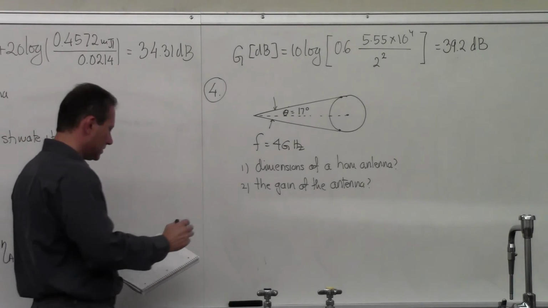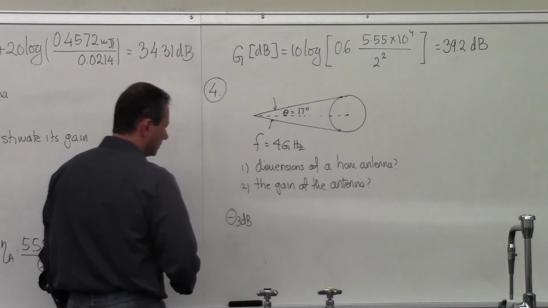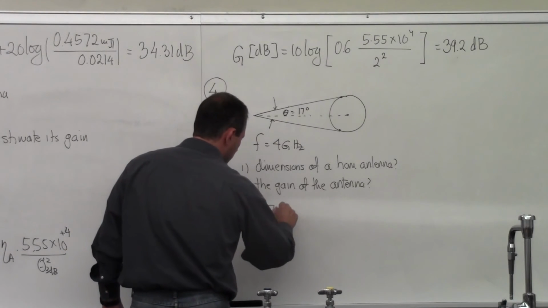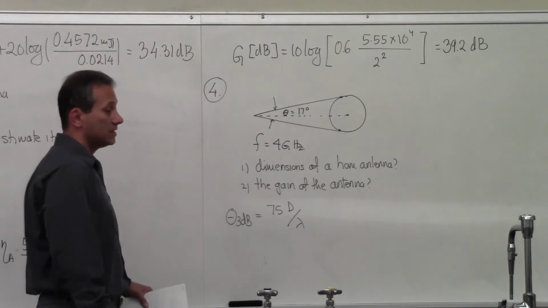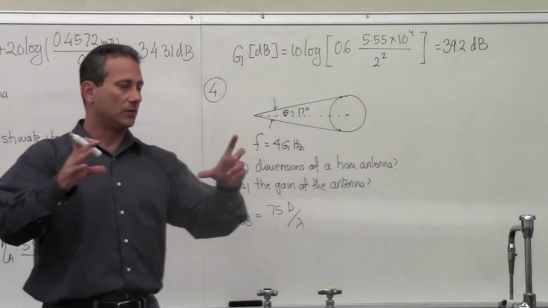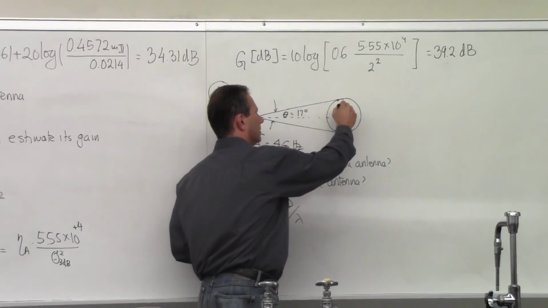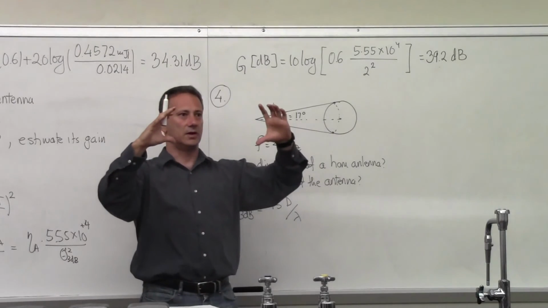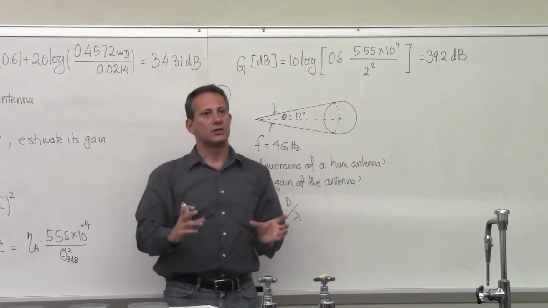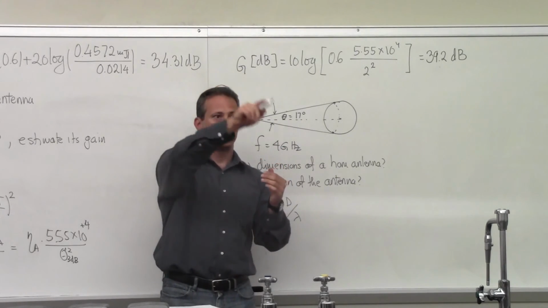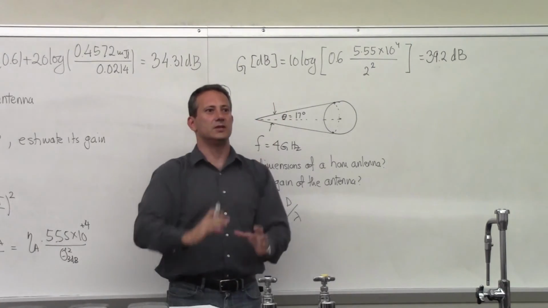Now, how do we approach this? We have this relationship that 3 dB beamwidth is equal to 75 lambda over D. In this case, if you look at the Earth from the satellite, what you see is a sphere. So the appropriate horn here will have a circular profile, a circular horn, and it covers the beams towards this sphere that it sees.